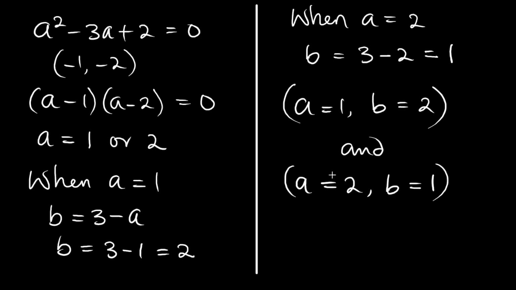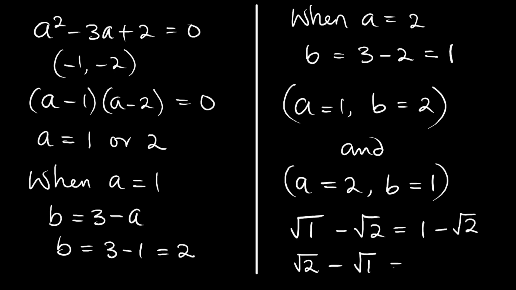From the first solution set, root 1 minus root 2 is 1 minus root 2, which is a negative value. From the second solution set, root 2 minus root 1 is root 2 minus 1. Root 2 is about 1.4 something, so this is going to be a positive value, meaning that we are going to be using this particular solution.